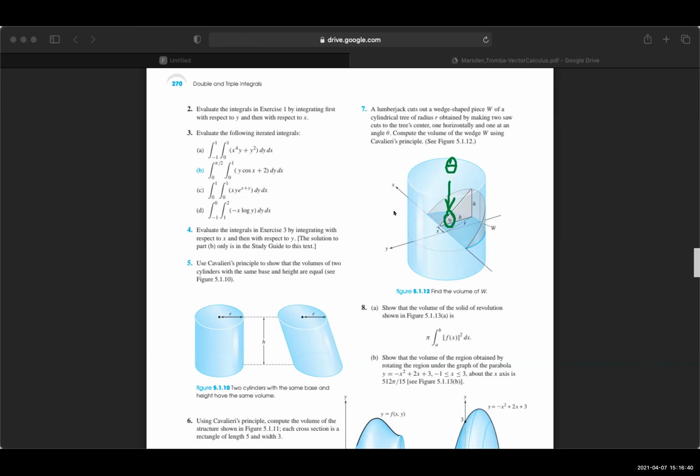Well, let's see. So they talk about this lumberjack who cuts a wedge out of the tree, and it says he does it at an angle theta.